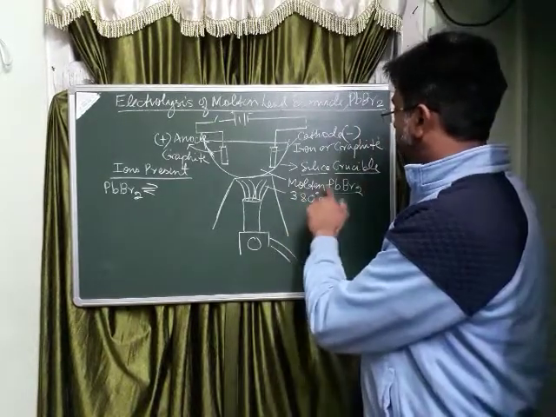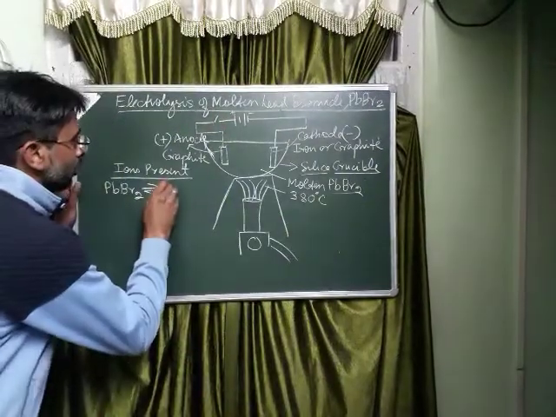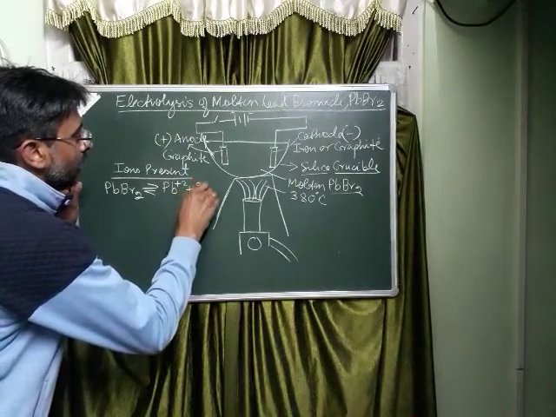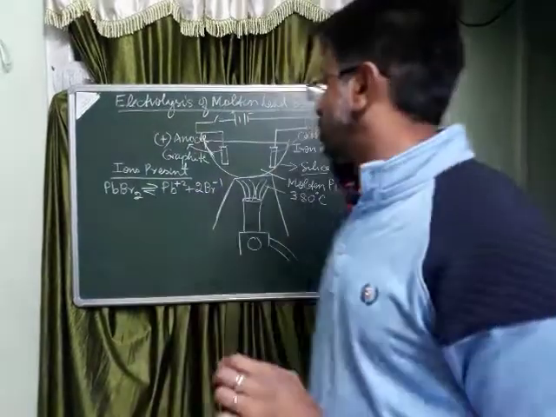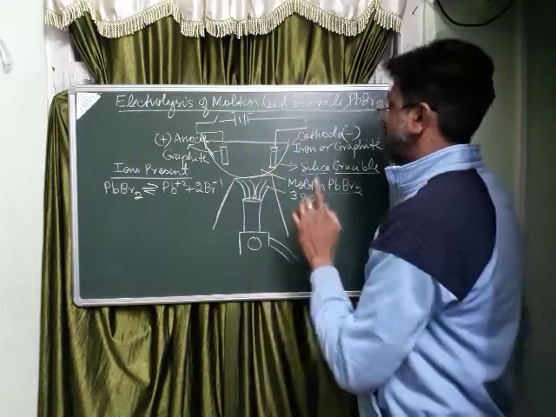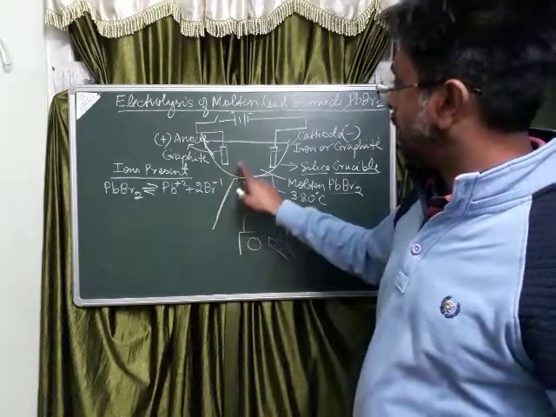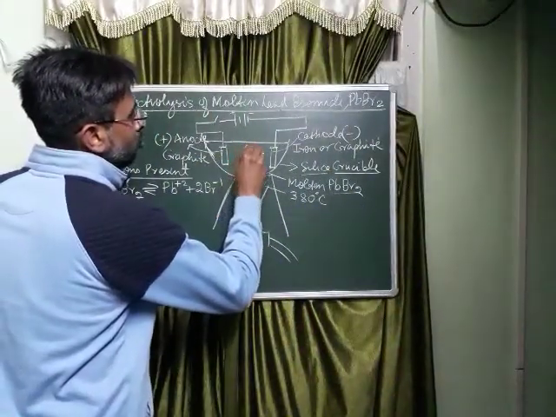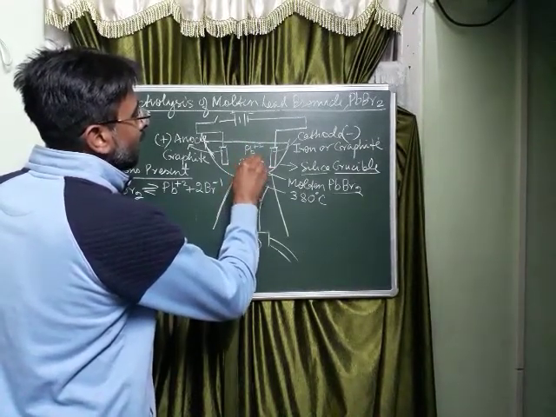So, in the molten state, it dissociates to produce lead ions and bromide ions. These are the two types of ions present in this electrolyte, which is molten lead bromide. Now, let me write these two ions in this diagram: Pb2+ and 2Br-.